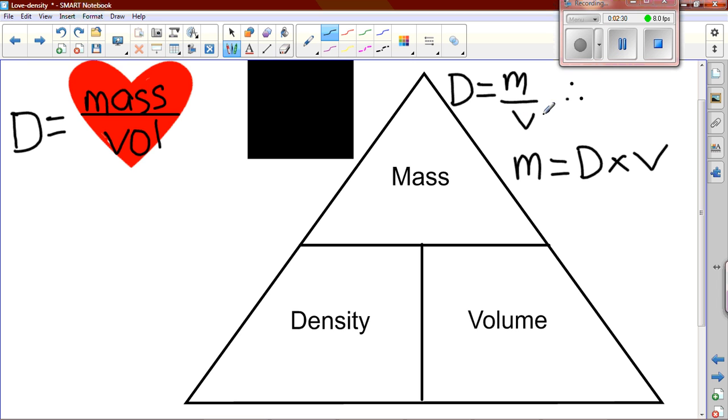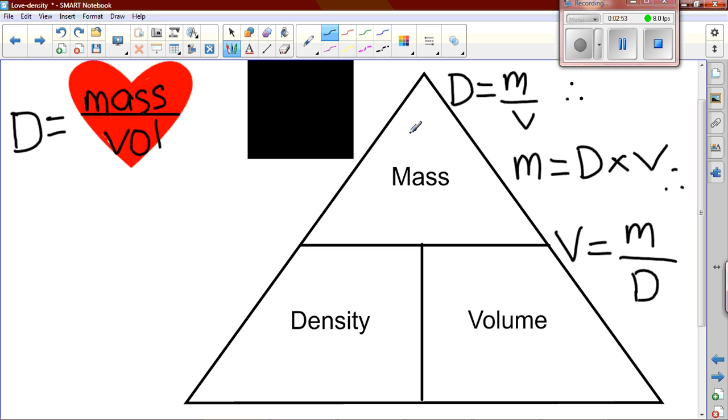Because we would be multiplying by volume on each side. Or if I asked you to solve for volume, volume would be equal to simply dividing by density on both sides, the amount of mass divided by density, right? So those are three different ways of solving for each of the variables in the density equation.